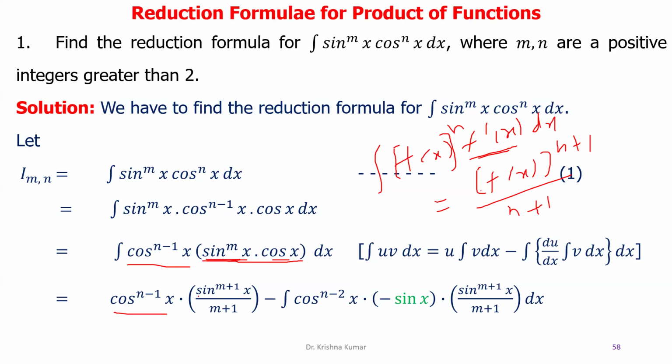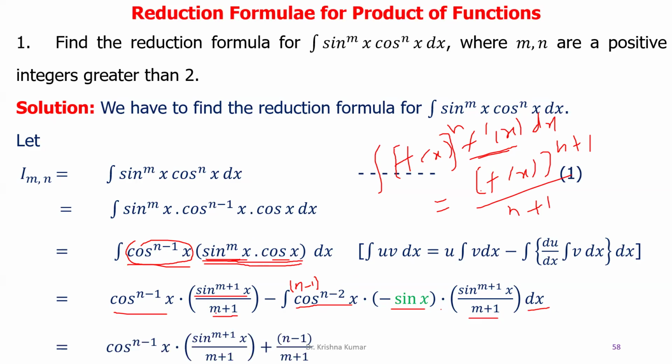So we can write sine to the power m plus 1 x upon m plus 1, minus the derivative of cos to the power n minus 1 x. This is nothing but n minus 1 into cos to the power n minus 2 x. Again, the derivative of cos x is minus sin x, into the integration of sine to the power m x cos x, which is sine to the power m plus 1 x upon m plus 1, with respect to x.